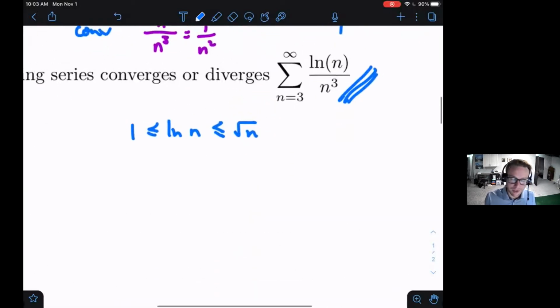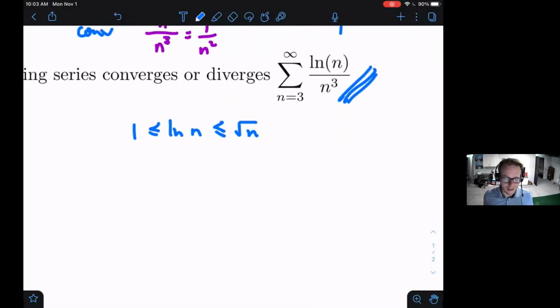And now I'm going to try to build my series similar to what I did last time. So I'm going to divide by n cubed, and of course, I need to do this across the board. On this right-hand side, root n divided by n cubed will cancel out a little bit. Remember, root n is the same thing as n to the 1/2 power.